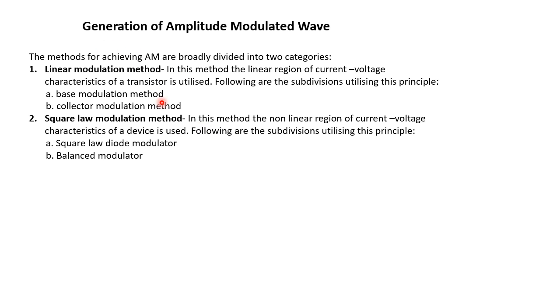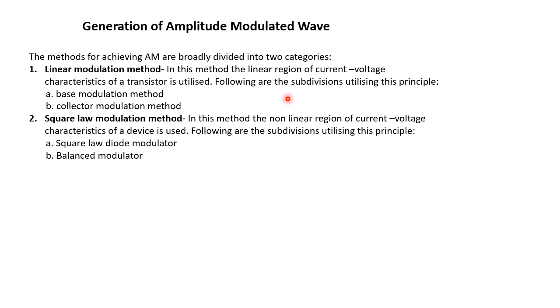In the linear modulation method, we make use of the current voltage characteristics of a transistor. If we go to the characteristics of a transistor, then we will find that there are certain regions which are linear, certain regions which are non-linear.